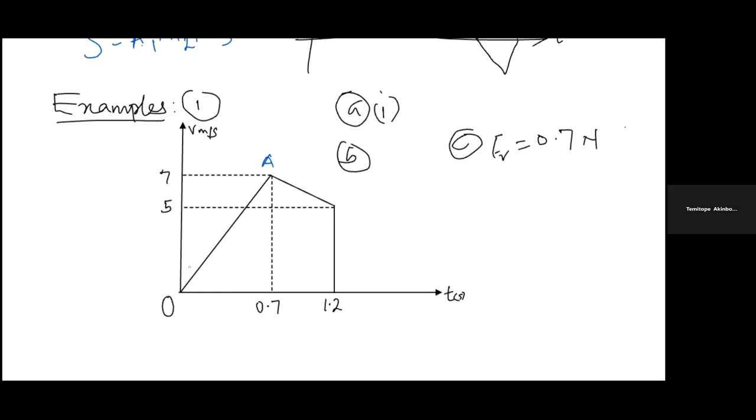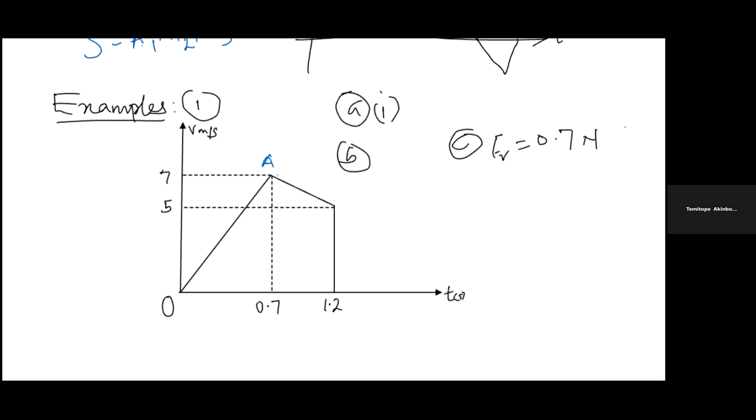Read the question carefully. If you look at it from the beginning, you will think the origin should be A. Let's look at where the stone hits the surface of the liquid with velocity 7 meters per second when t is 0.7. Can you see it? So that means moving up.